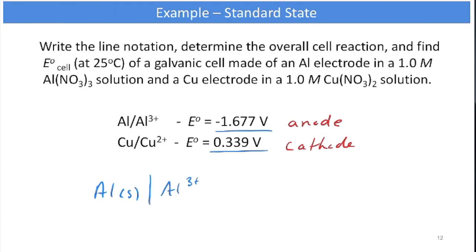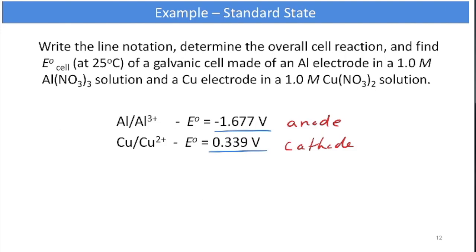Now we're done with all the components of the anode. We can write the salt bridge and then start with the components of the cathode. The cathode starts off with copper 2+, because we always have aqueous solutions in contact with the salt bridge, and the only thing we have left is the copper solid. So that's going to be our cell diagram, and we're also asked to determine the overall cell reaction.